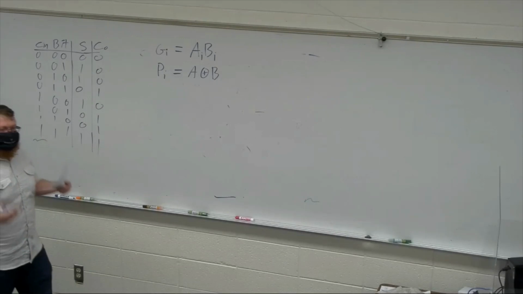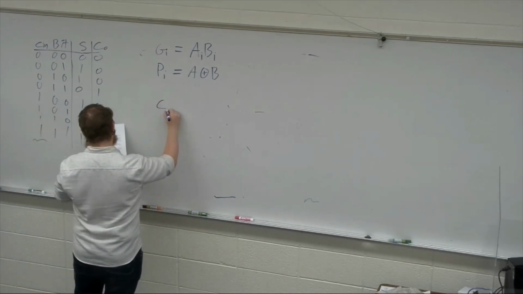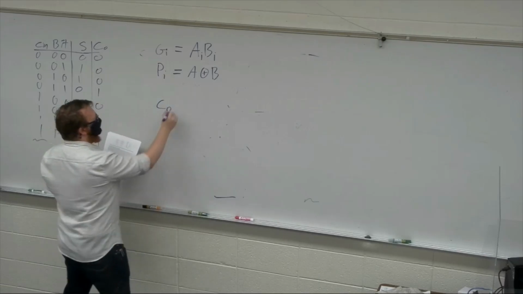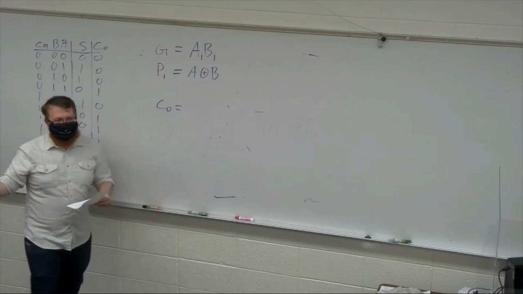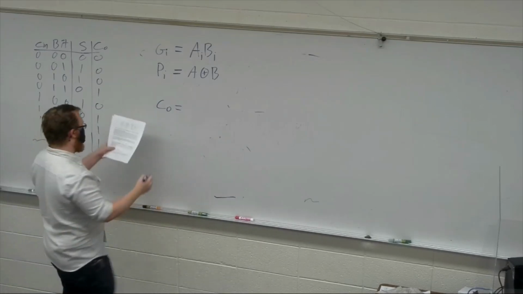So now we can start stitching these together in relatively simple equations where the carry out of 0 is obvious, right? The first bit only depends on itself because it is a true half adder.